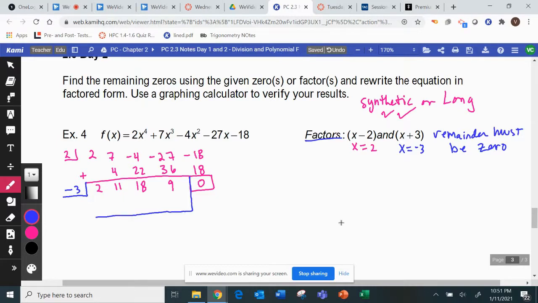So I now have a smaller polynomial of lower power that I'm going to do synthetic division with. So 2, I'm going to add that together. We multiply, add, multiply, add, multiply, and we get another 0. That's great.